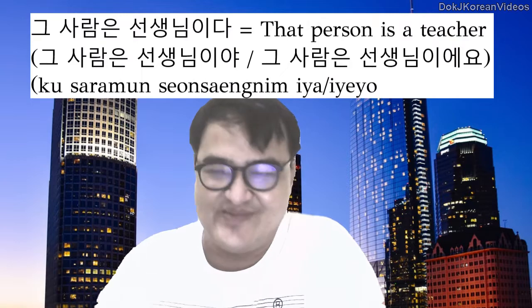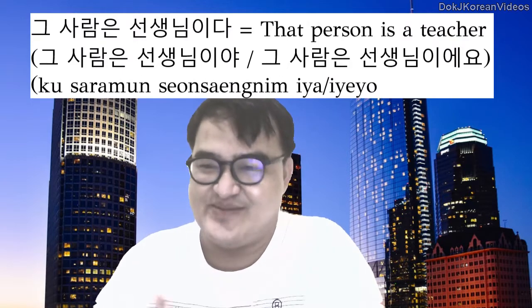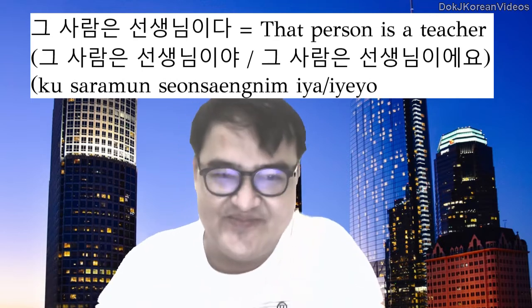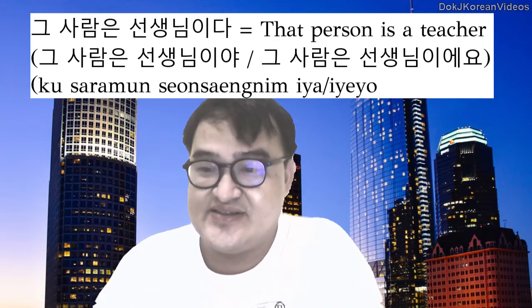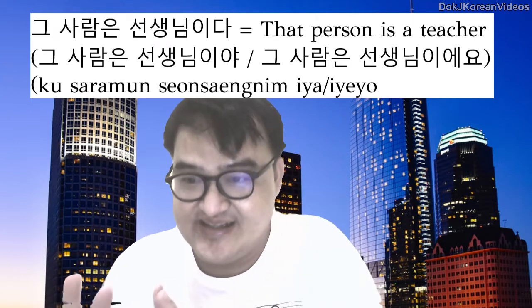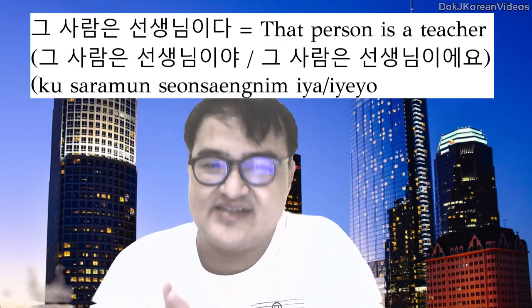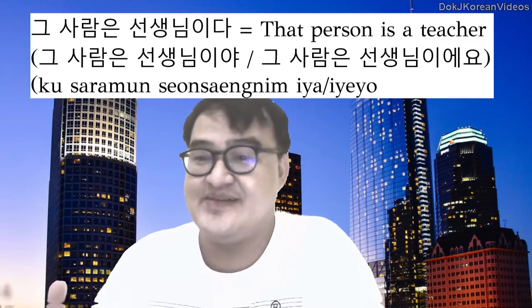For example, how do we say in Korean "that person is a teacher"? Again, person in Korean is saram. We say ku saramun. Teacher in Korean is 선생님. If we make a sentence: ku saramun, 선생님 ida.